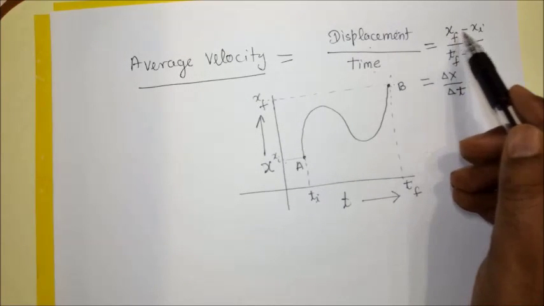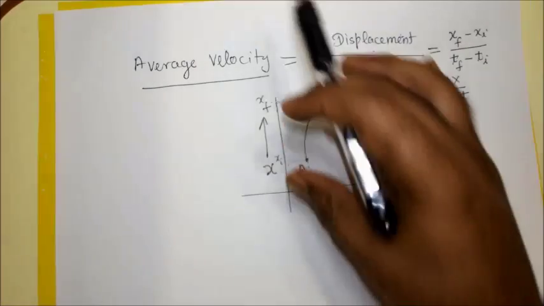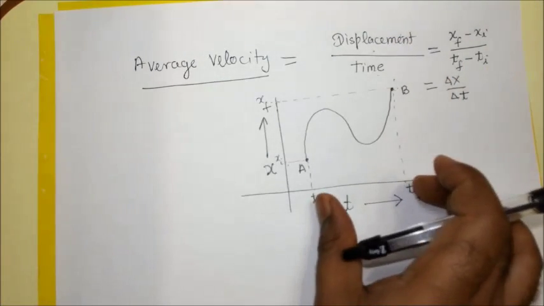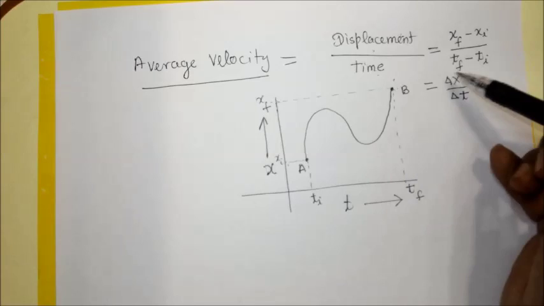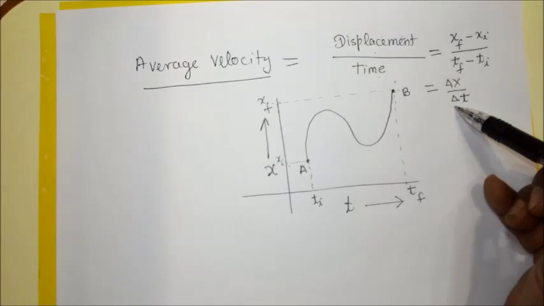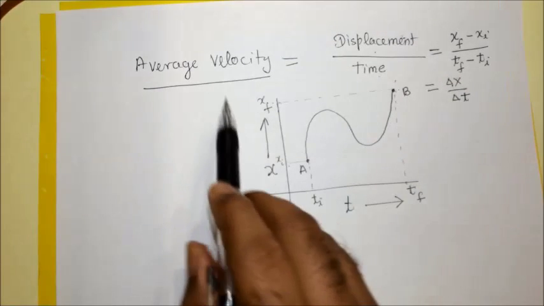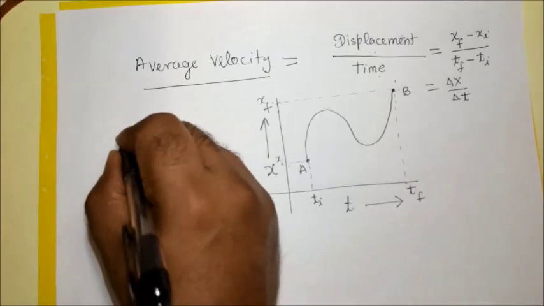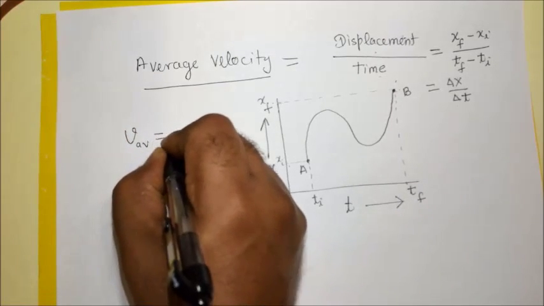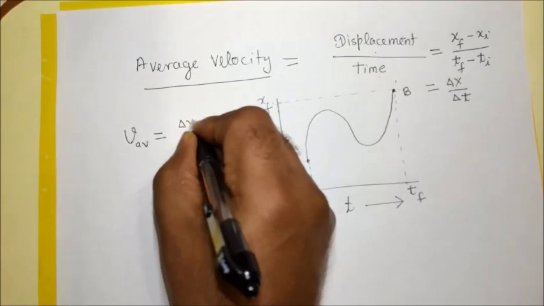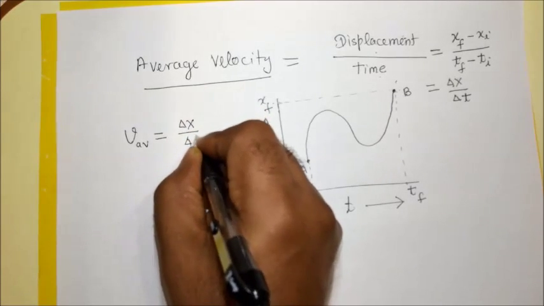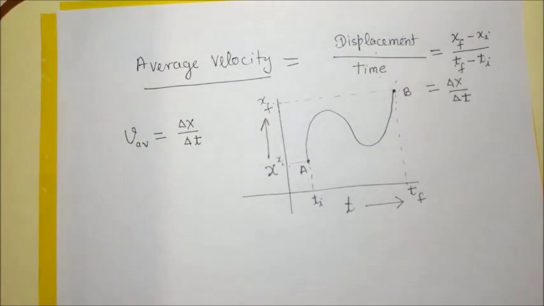So you get delta x, and this is your delta t. Delta x over delta t will give you V average. So V average is delta x over delta t. That's the average velocity.